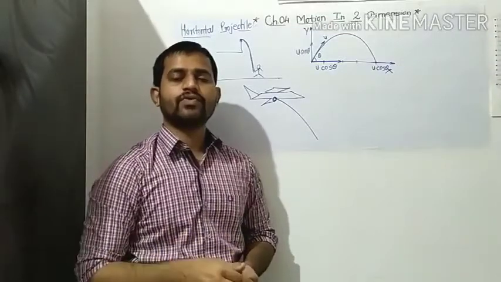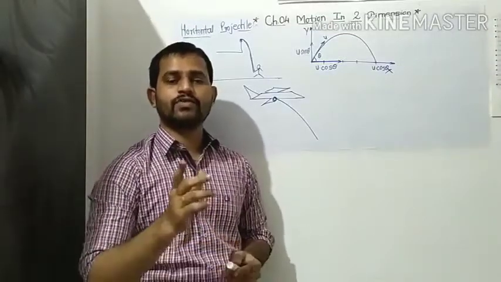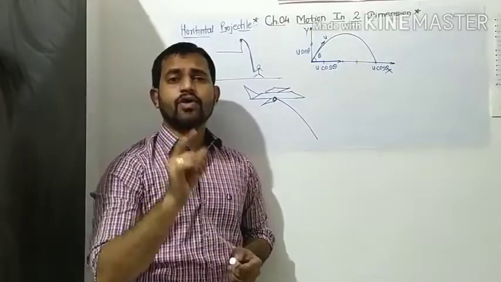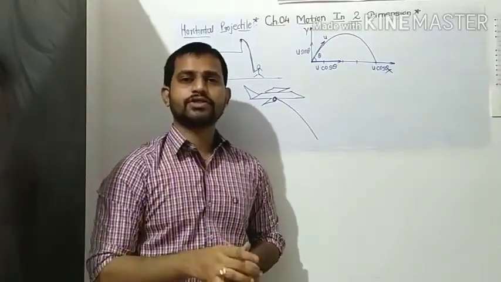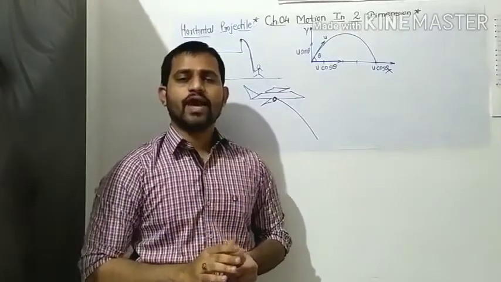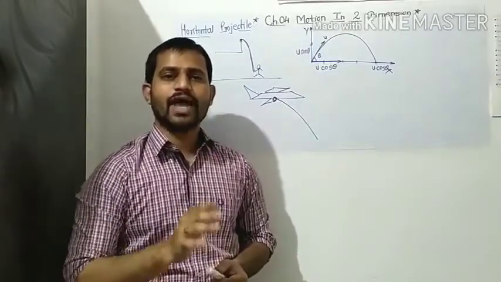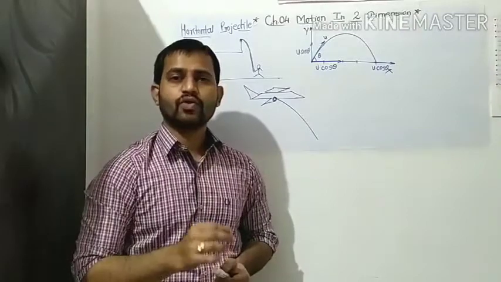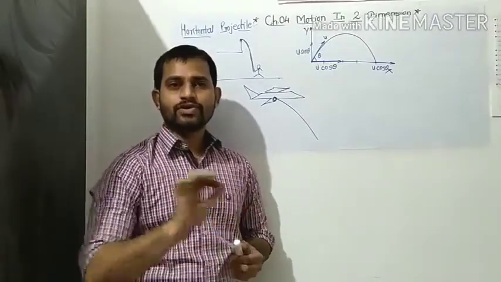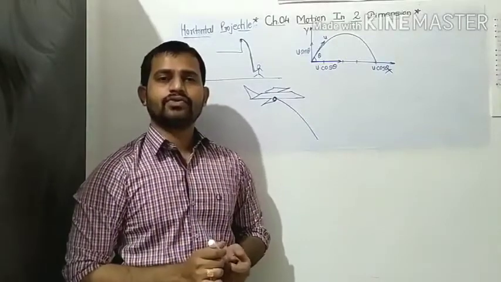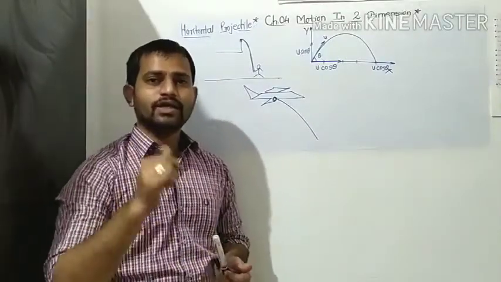Whenever we study a projectile, one thing we have to remember is that the horizontal component of the motion remains constant, as no force acts on that component in the horizontal direction. The acceleration due to gravity acts only in the vertically downward direction.